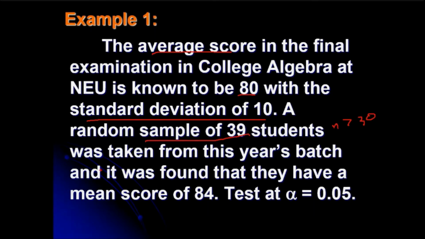Alright? So nakalagay naman dito, ang mean score ay 84. Okay. Anong pinagkaiba nitong mean na ito na 84 sa mean na ito na 80? What is the difference between the two? Sinabi ko to last week. The first one, this 80 pertains to what? Population.